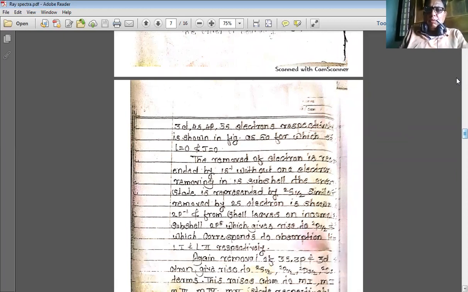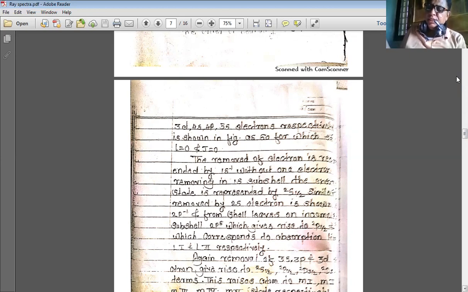The removal of an electron is represented by 1s inverse, which is one electron removed from the subshell.